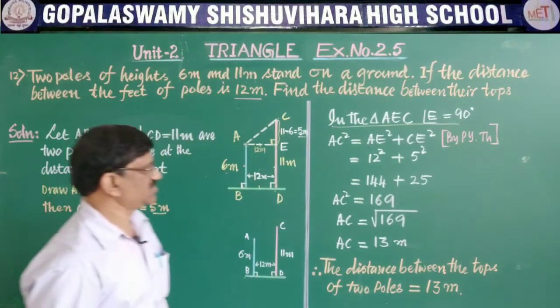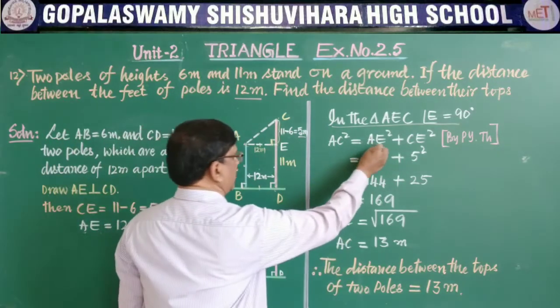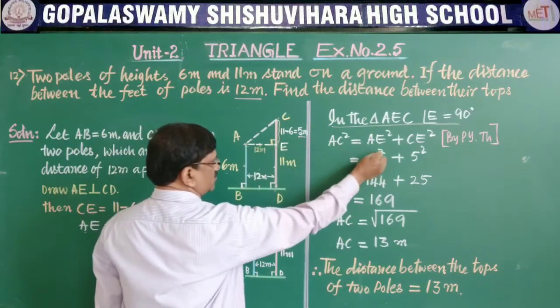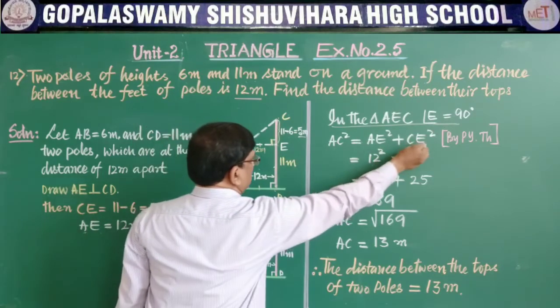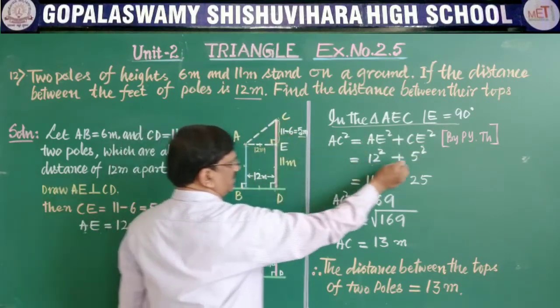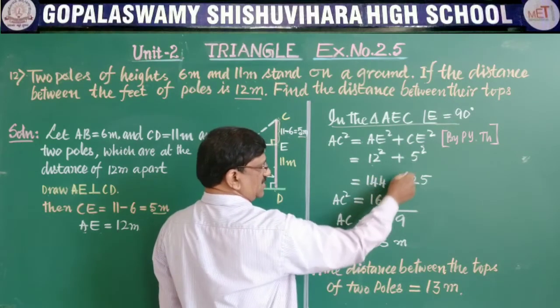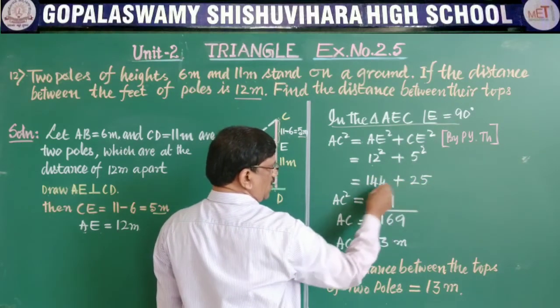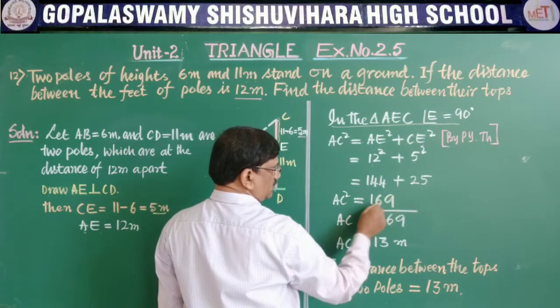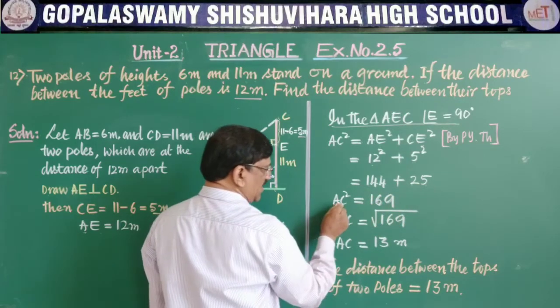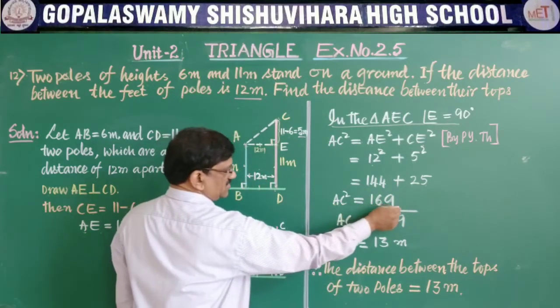Here AE is equal to 12 meters, that is 12 square, plus CE is equal to 5, that is 5 square. So 12 square is 144 plus 5 square is 25. 144 plus 25 is equal to 169. That is, AC square is equal to 169.